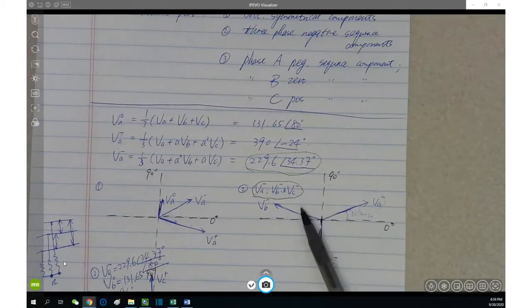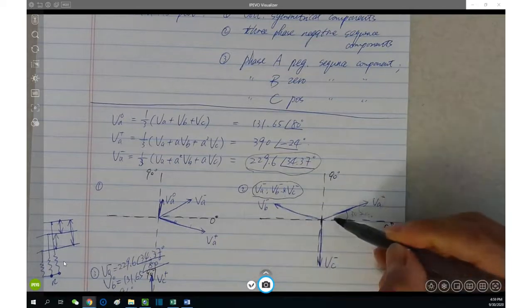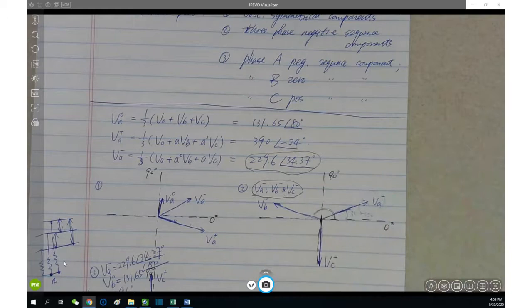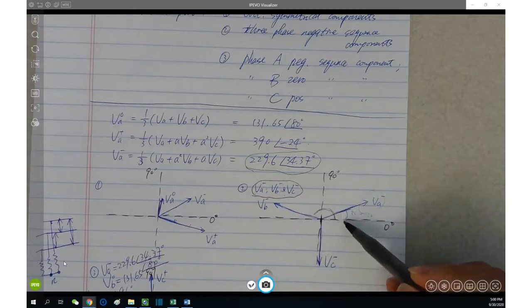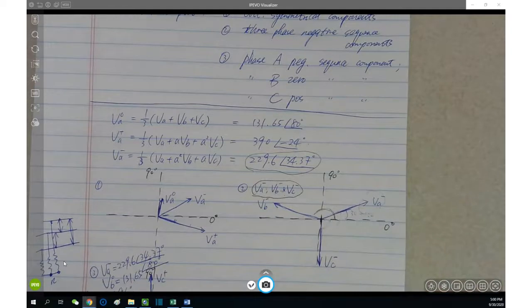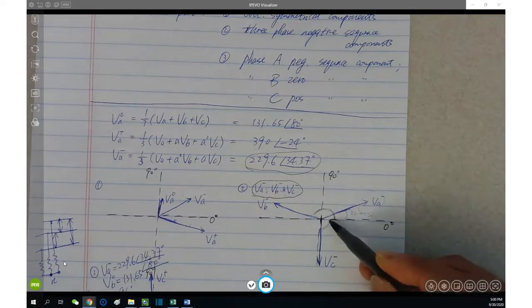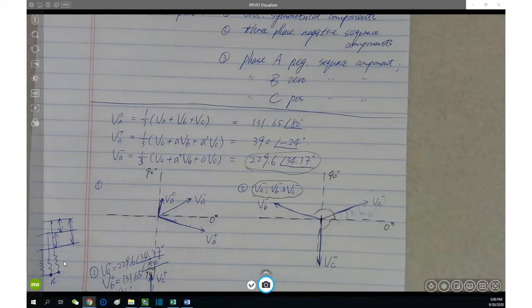Okay, that's easy. So 34 plus 120 degrees, 154 degrees, right? And then 34 minus 120 degrees will end up with negative 86. So this angle is negative 86.